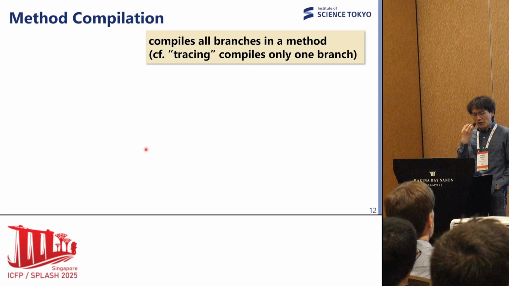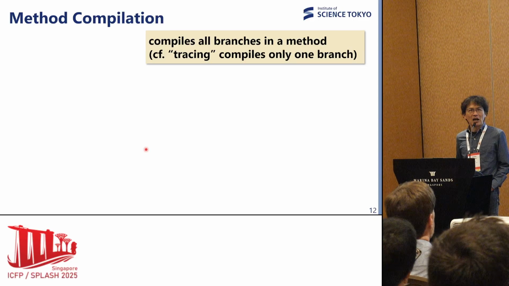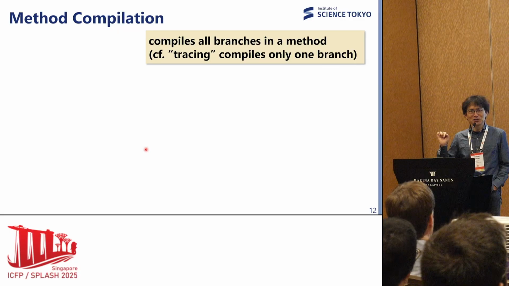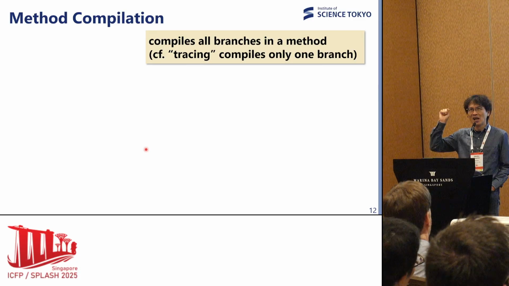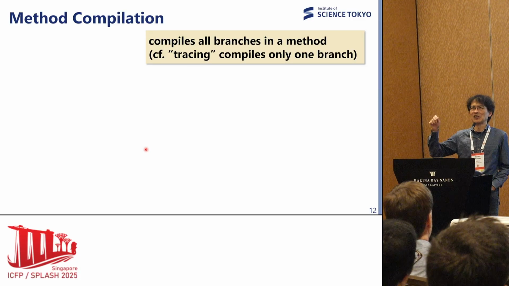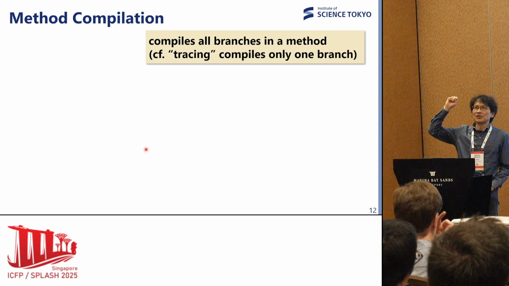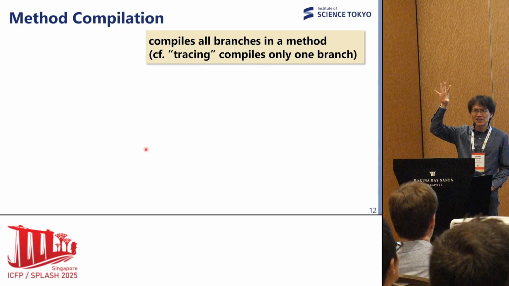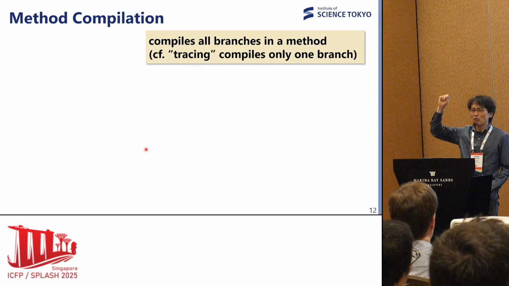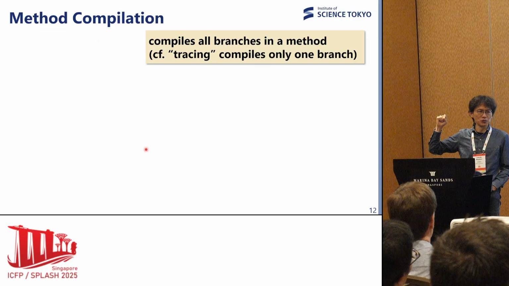So, method compilation. By the way, I haven't explained explicitly, but the meta-tracing JIT compiler is a tracing compiler, which means if there is a conditional branch, it compiles only the one branch actually executed.